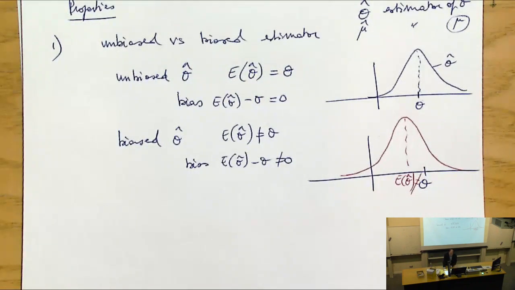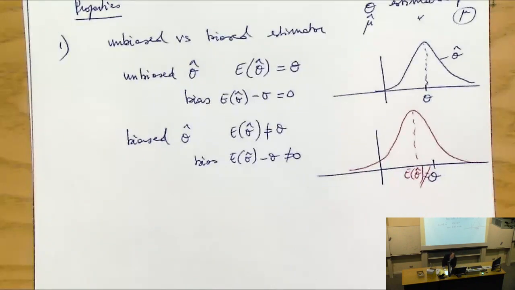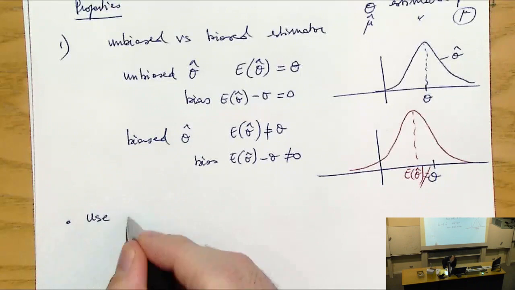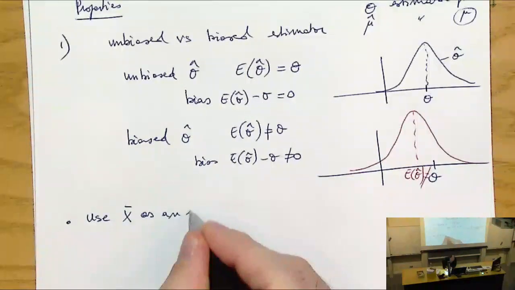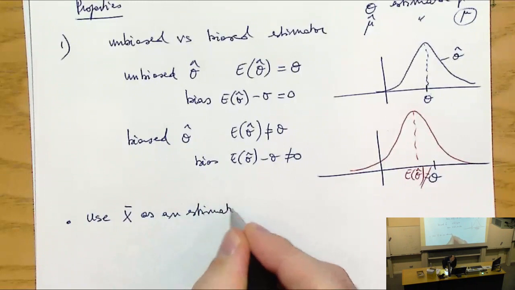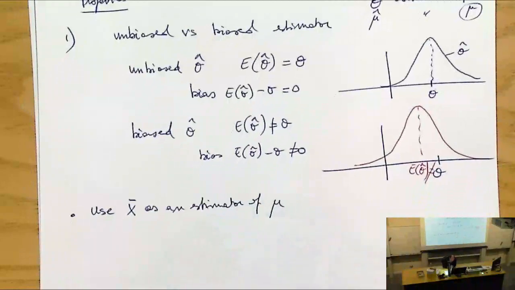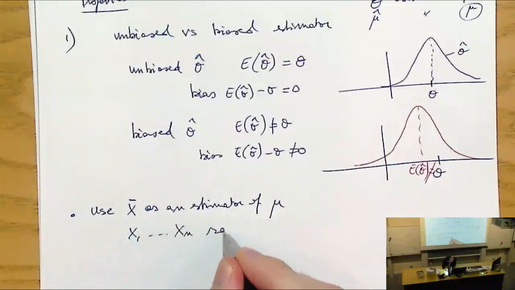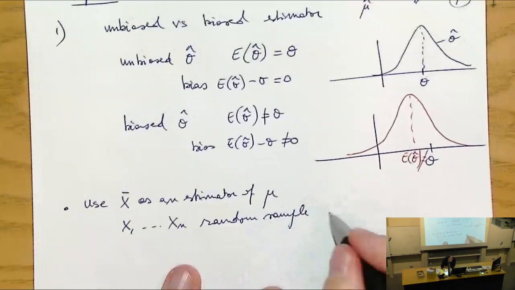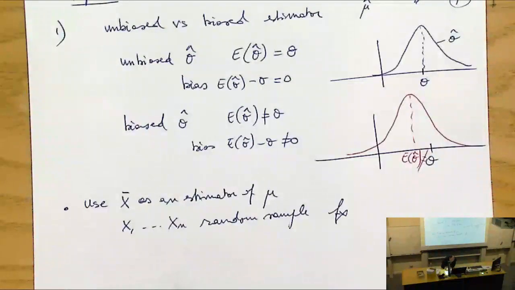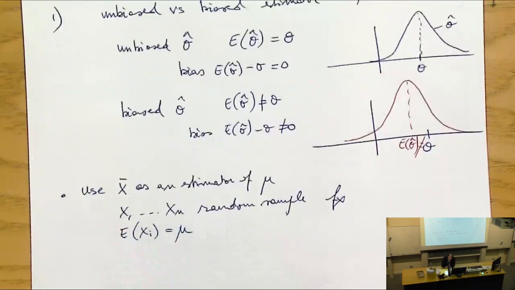So what if we use X bar, the sample mean, as an estimator of mu? Imagine I have x1 all the way to xn as a random sample, independent and identically distributed, with a certain distribution f of x, and the mean of those random variables is equal to mu.